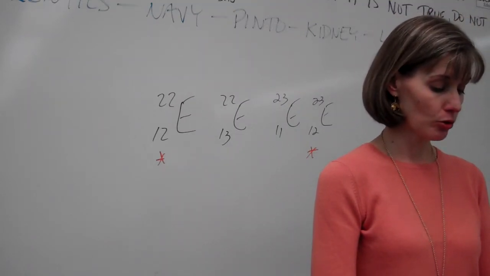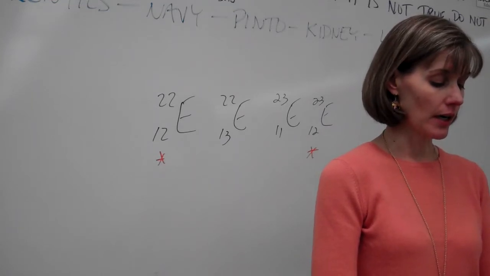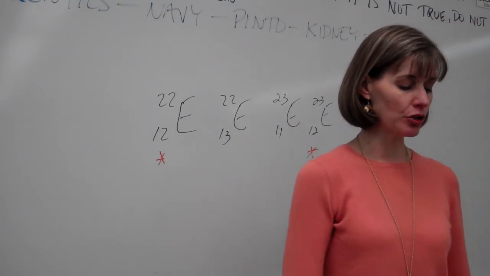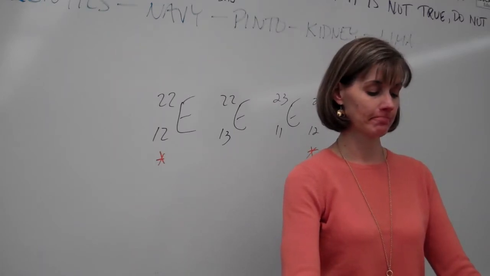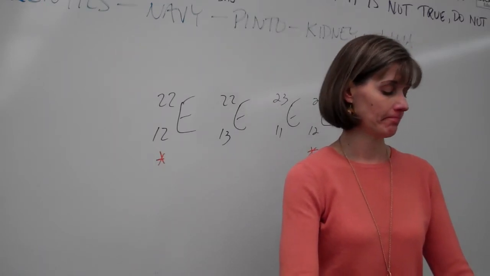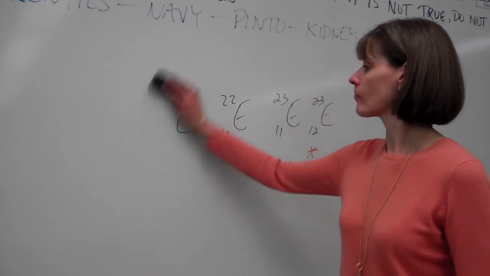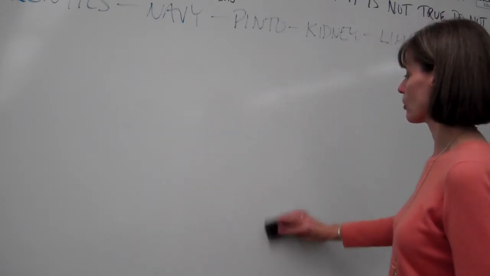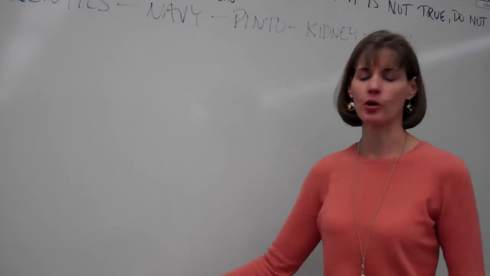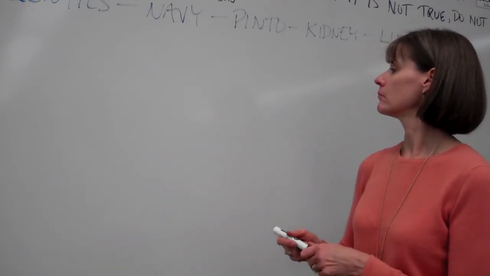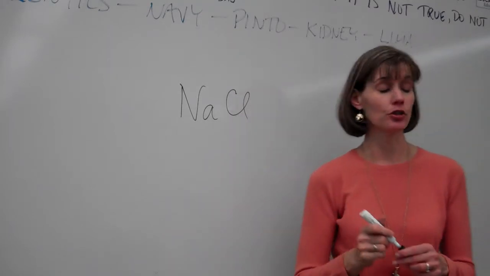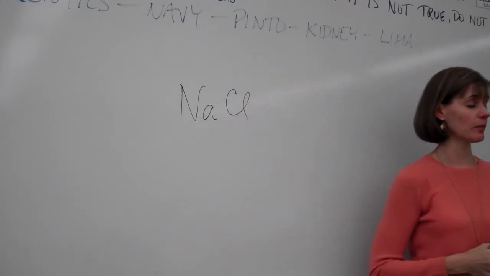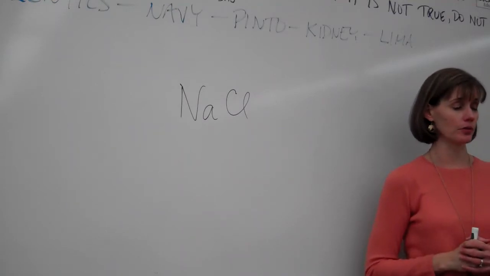So what can you tell me about any two samples of sodium chloride? If I have a bowl full of sodium chloride and a test tube full of sodium chloride, what is something that is similar in terms of the law of conservation of mass, or law of definite proportions?